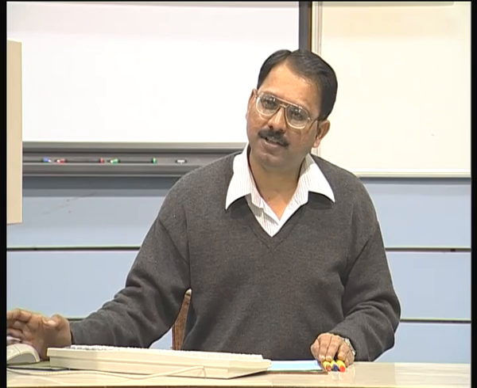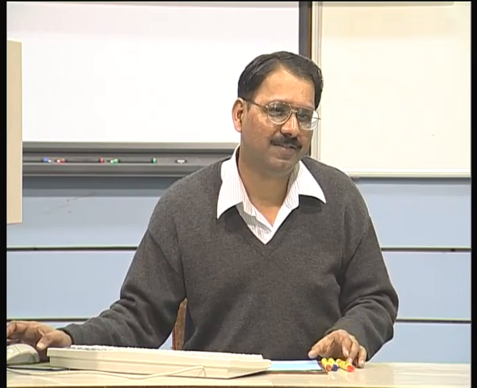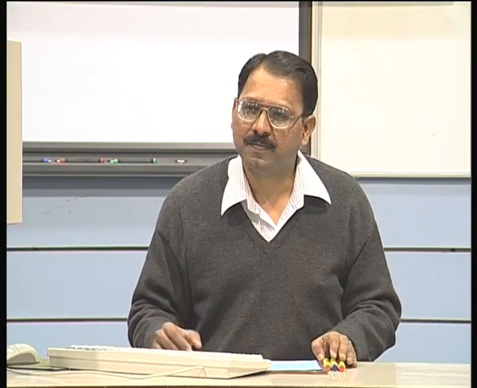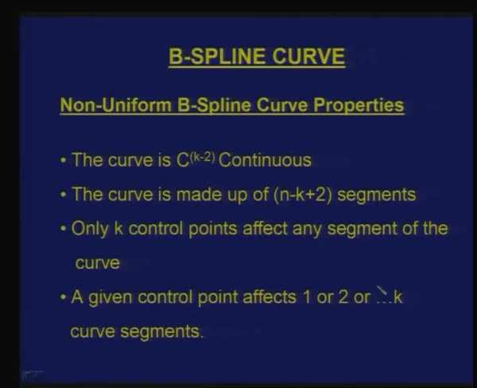That continues till you reach the other end, where again the non-uniformity comes into the picture. In between, all the other control points have the same influence. That means they would be influencing k curve segments. If k is equal to 3, they will be influencing 3 curve segments. So, that is another important property of this particular curve.